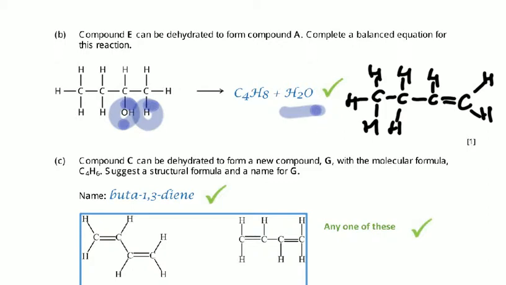Question C is talking about compound C. And what we'll end up with is a molecule which has got two double bonds inside it now, and because the double bonds start on positions 1 and 3, it will be called buta-1,3-diene.